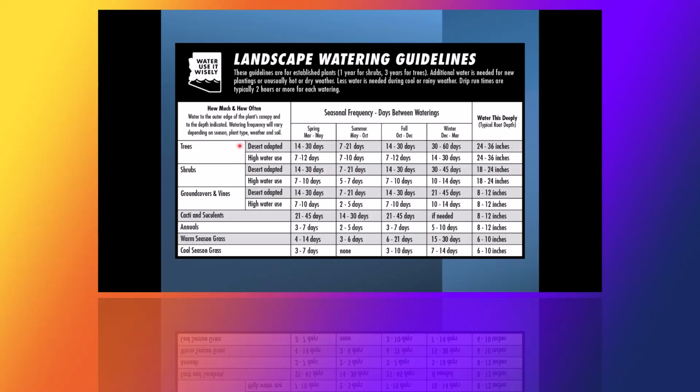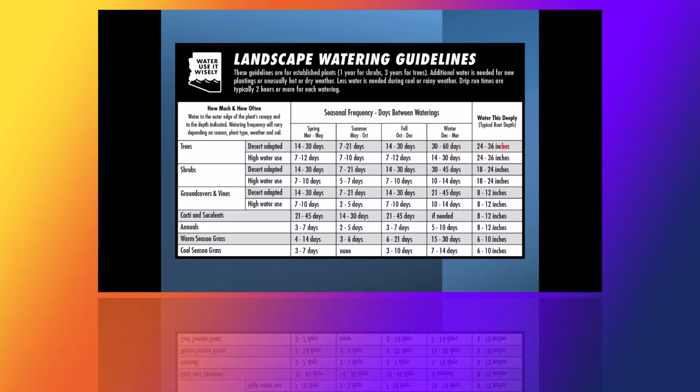The interesting thing here for desert adapted trees, note that in the heat of the summer, those trees only need to be watered once every 7 days to once every 21 days if they are at the correct root depth. So we want to water deeply.